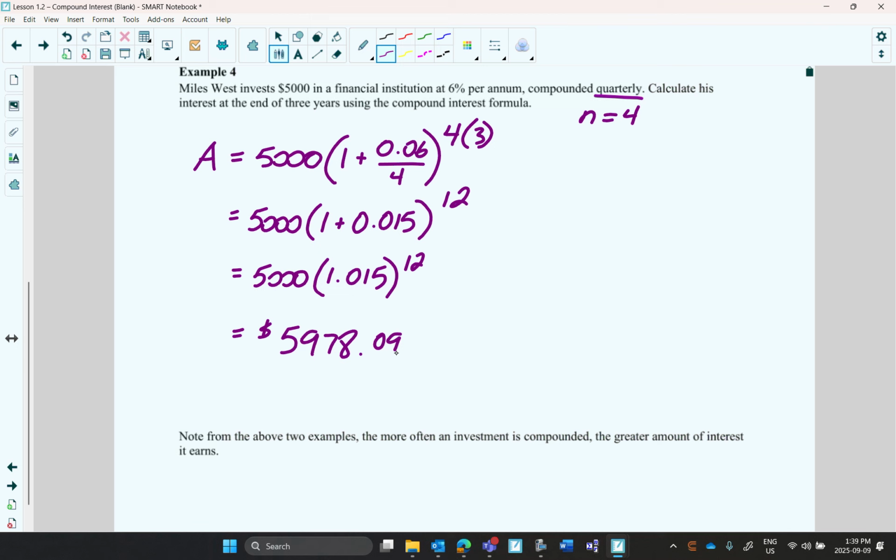Now remember, we're not done yet because that's the principal and the interest. So to find just the interest, we have to take the total amount we just got, subtract the amount we invested. That means we made $978.09.